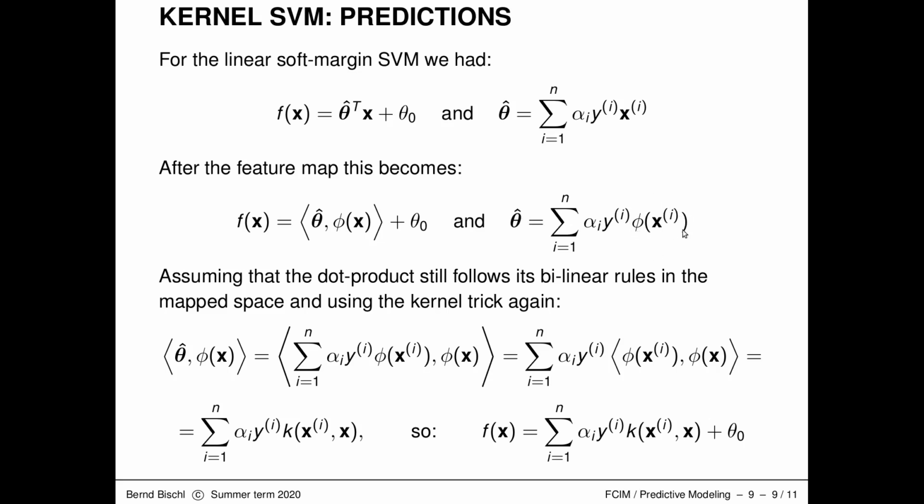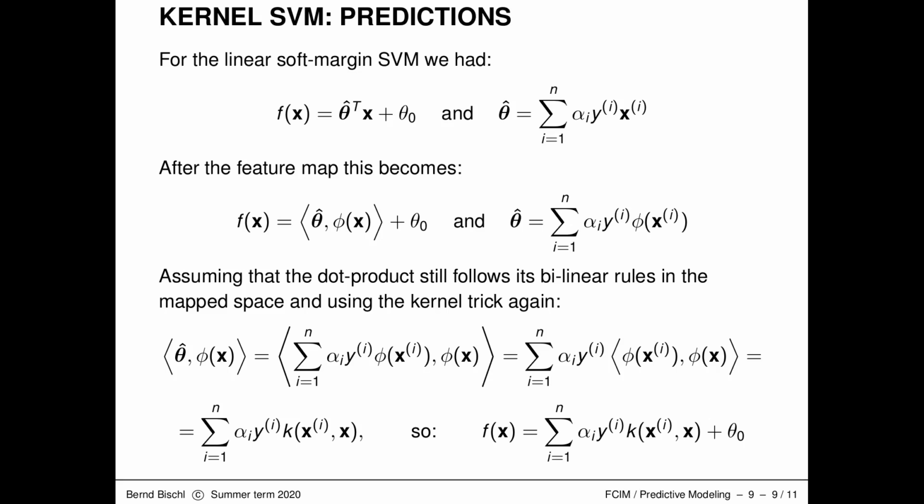And now we can just simply take this representation of theta hat and put it into this guy here, and then take a look at what happens with this dot product and simply follow the bilinear rules that dot products usually have. We assume that these also hold in our mapped feature space, and then use our kernel trick again.